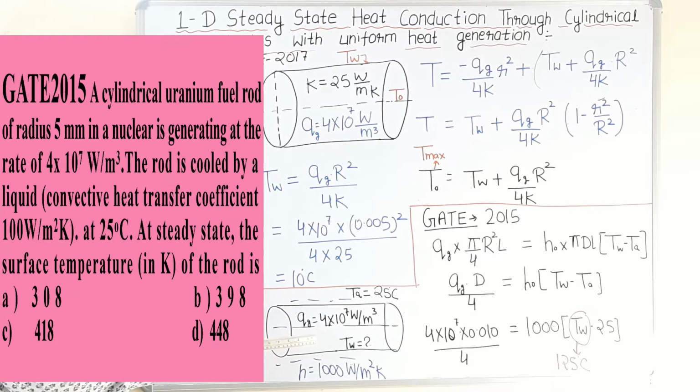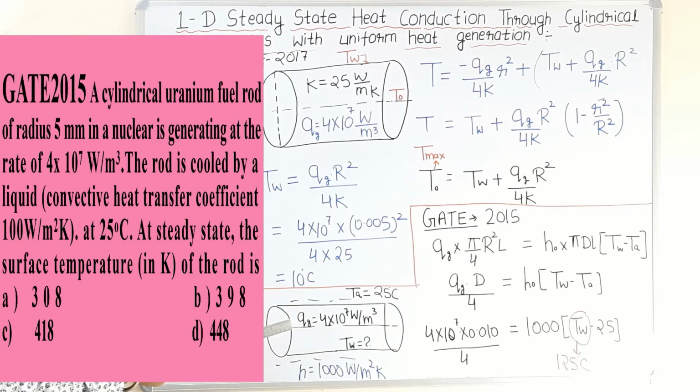The rod is cooled by a liquid which has a convective heat transfer coefficient of 1000 watts per meter square Kelvin at a temperature of 25 degree centigrade. At steady state, the surface temperature in Kelvin of the rod is?